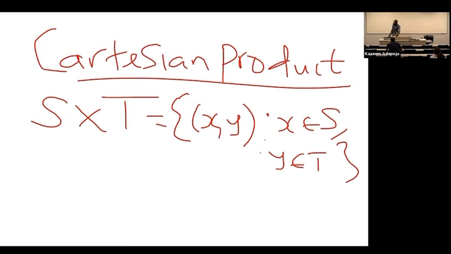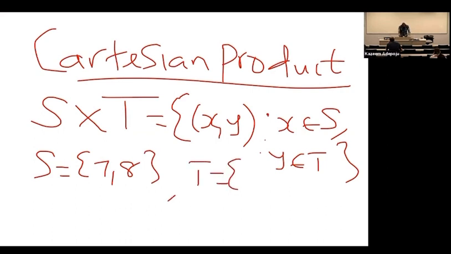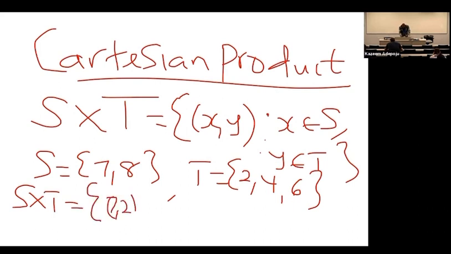Does that make sense? So if I'm multiplying two sets, I'm going to do that in another manner. Here's an example. If set S is 7 and 8, and set T is 2, 4, 6, it doesn't matter whether they have the same number of elements or not. Now to get the product, you have 7, 2; 7, 4; 7, 6.